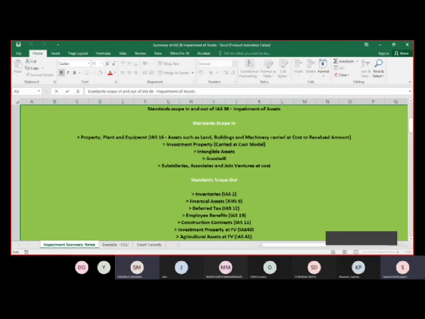UNISA might be different. They would say minus one mark for applying the principle incorrectly, and explain that investment property carried at fair value is scoped out of IAS 36. You should have identified that in the exam, but you didn't. That's why we minus these marks.